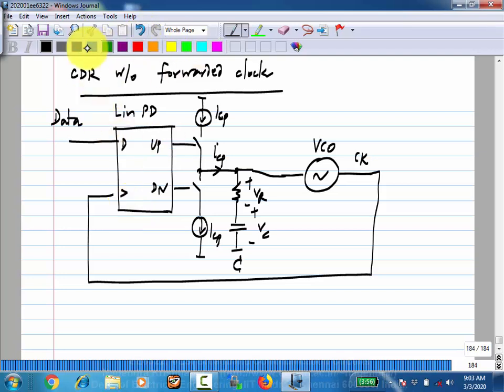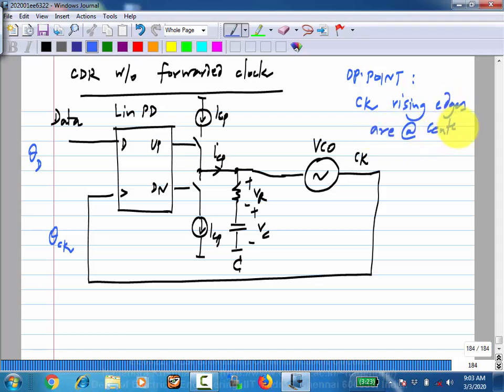To do that, let's assume that at the operating point, we have some phase theta d and this is theta ck, and at the operating point, obviously, we'll assume that the rising edges of the clock are at the center of the data.